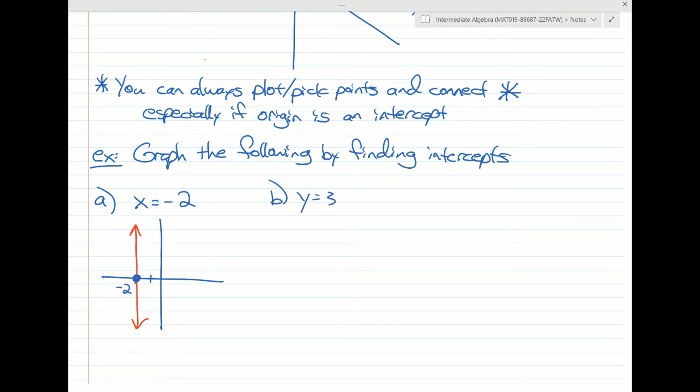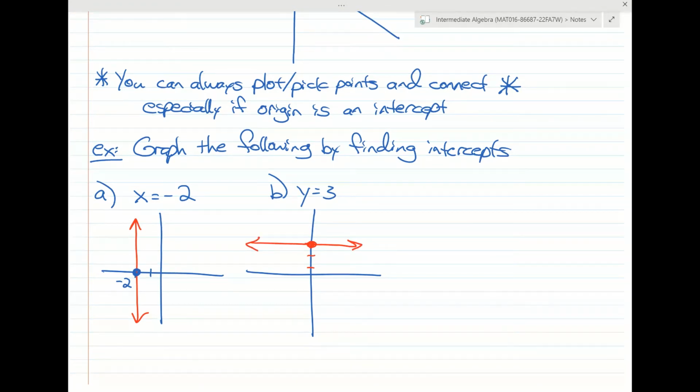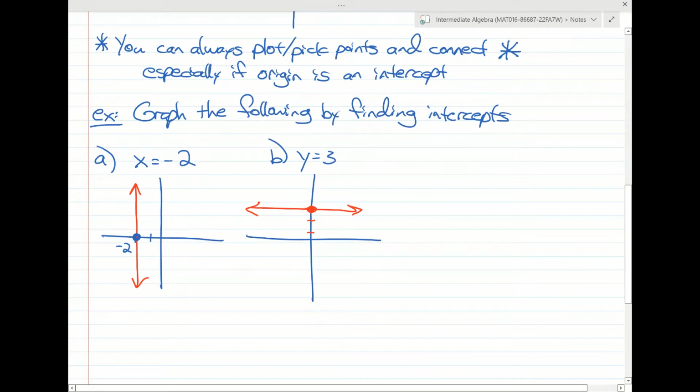Then y equals 3, which is right here, would have to be a horizontal line. So that's how you graph those basic lines.